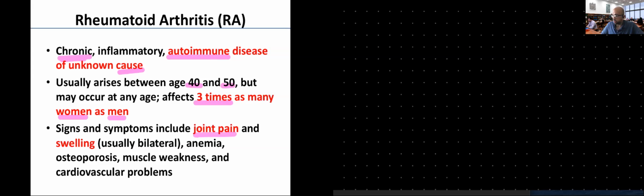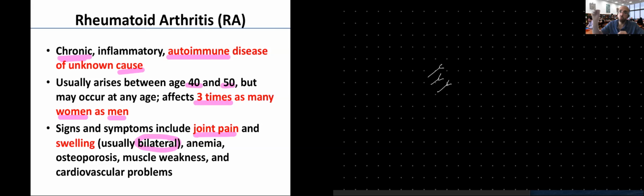Signs and symptoms include non-specific inflammatory symptoms like joint pain, swelling, but the important characteristic here is that it takes place bilaterally. So being an autoimmune disease means what? Means my body started to recognize my own tissues as non-self. So I started to attack the joint, attack the synovial membranes, as if they were bacteria, for example.